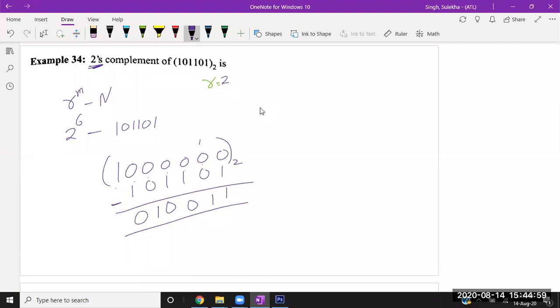So you are getting this number, and this number is the 2's complement of this number. Is that clear? If it is clear, write yes in the chat box, or if you have any doubt, you can unmute yourself.